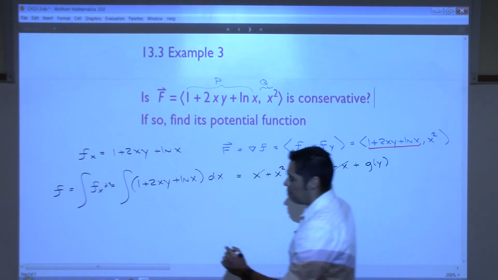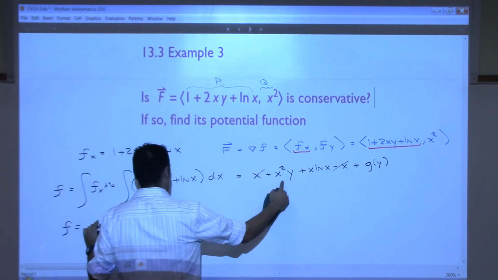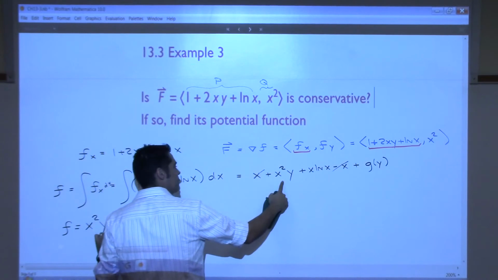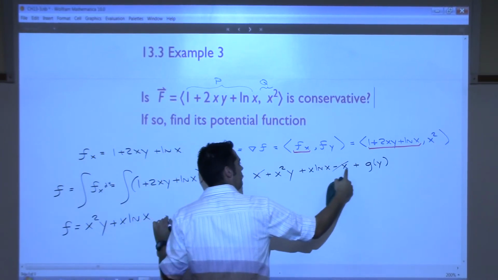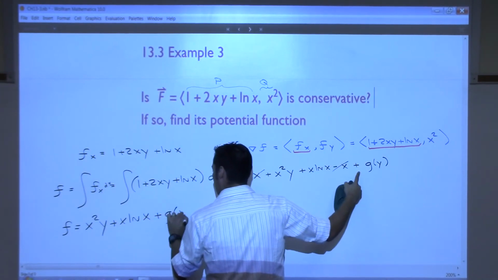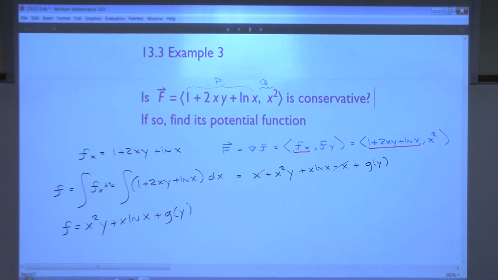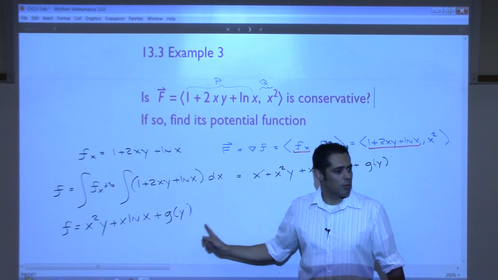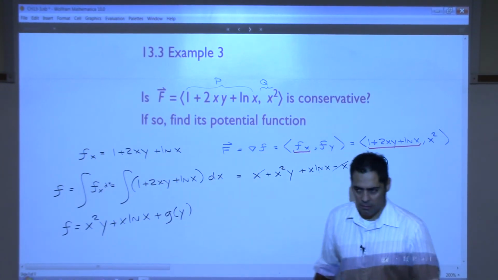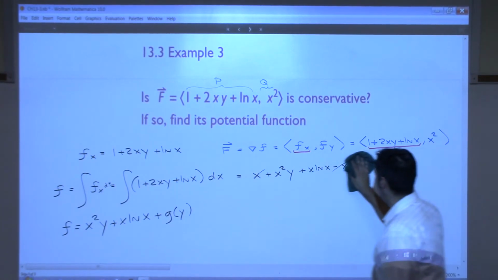So where I am right now is I'm saying that little f is equal to x squared y plus x ln x plus some function of y that I don't really know what it is, if it even is anything. So we're getting closer to knowing what little f is, but we still have this gray area right here that we're not quite sure of.